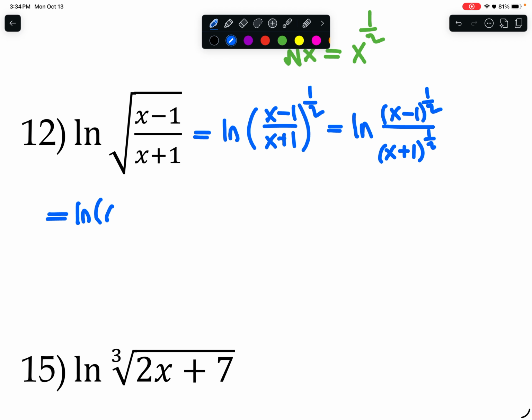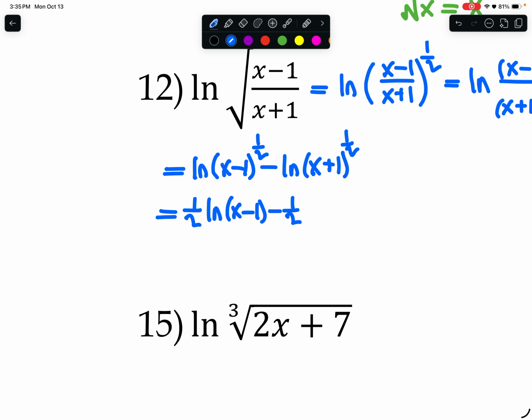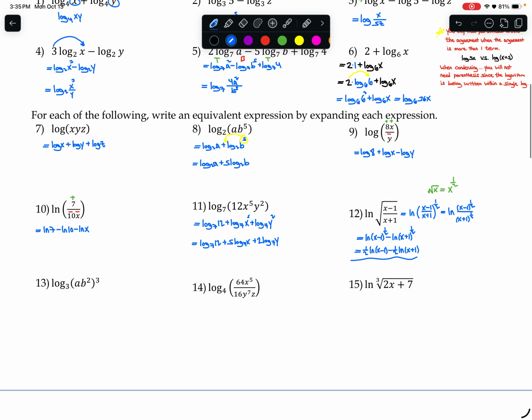So I have natural log of x minus 1 raised to the 1/2 minus natural log of x plus 1 raised to the 1/2. And then you're going to do your power property and move those exponents to coefficients. So this would be 1/2 natural log of x minus 1 minus 1/2 natural log of x plus 1. So that would be your expanded version.